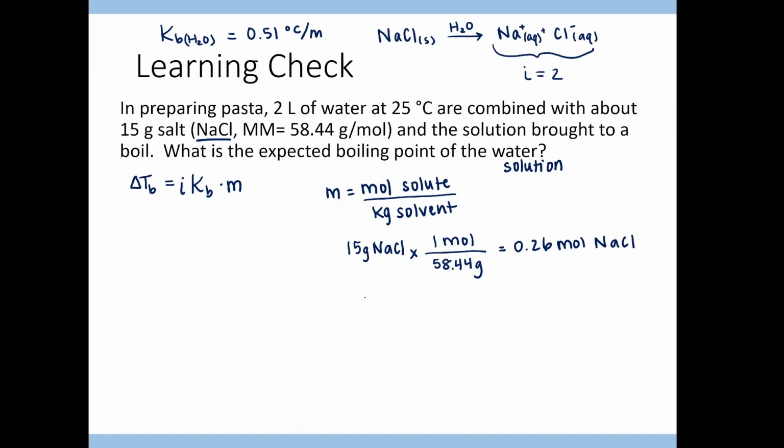And then kilograms of solvent, there's 2 liters of water. Now we're given volume and we need to go to mass. The relationship of mass and volume is density. And density for H2O is 1 gram per milliliter.